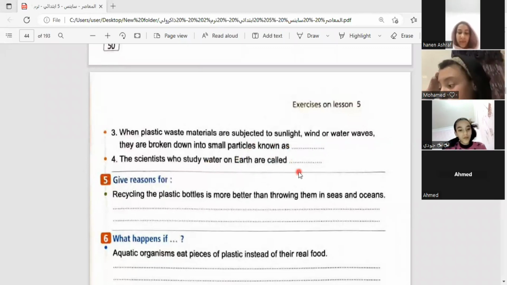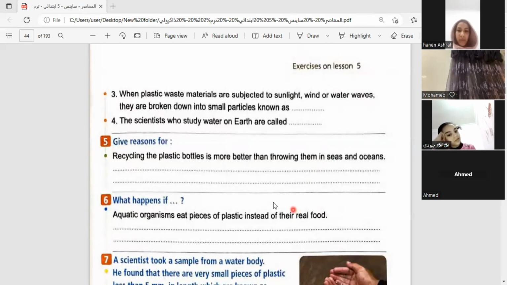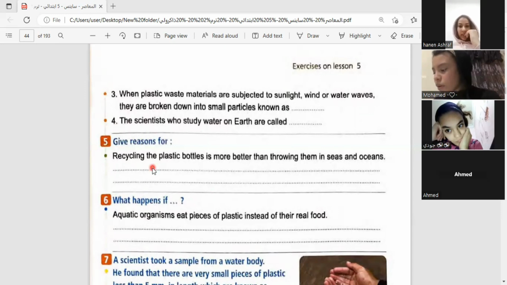Number 5: give reason for recycling the plastic bottles is better than throwing them in seas and oceans. Because plastic pollutes water and affects the survival of living organisms that live in seas and oceans.